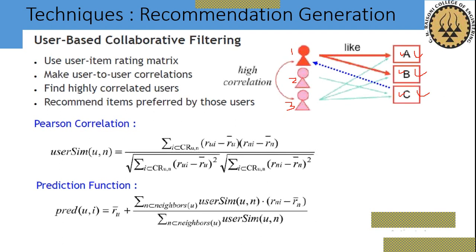Now we have to find out the correlation between the two users. In the next step, we have to find out the user-to-user correlation.